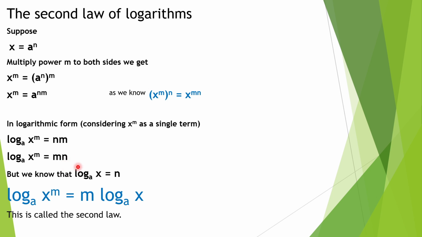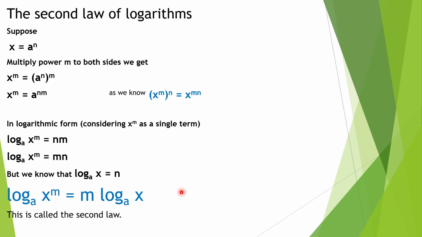So it will become log to base a of x^m is equal to m, and we will write the value of n, which is equal to this. So this equation becomes log to base a of x^m is equal to m log to base a of x, and this is called the second law of logarithms.